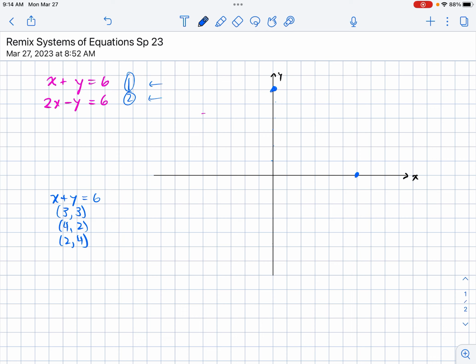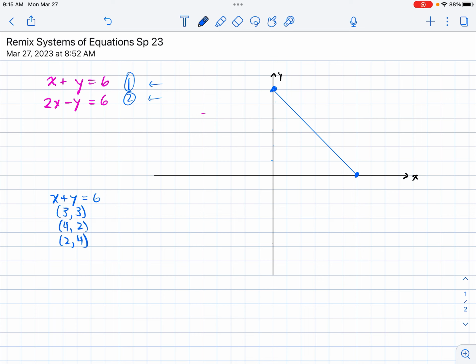So that's over here. I'm just counting 1, 2, 3, 4, 5, 6. And then I can connect those with a line. Now this line goes on and on forever, but I'm just representing a part of it. So this line represents all the ordered pairs where if you take the x and the y, you get 6.